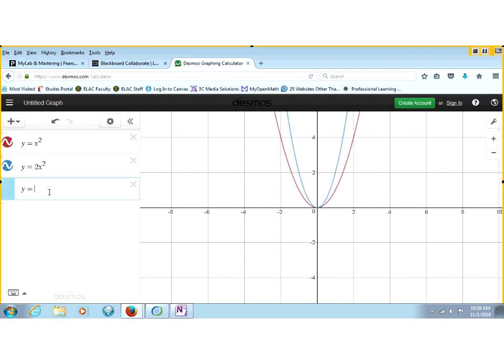And the other graph, y equals one half x squared, we call vertically compressed. That's why it's wider, because we compress it vertically. All right.